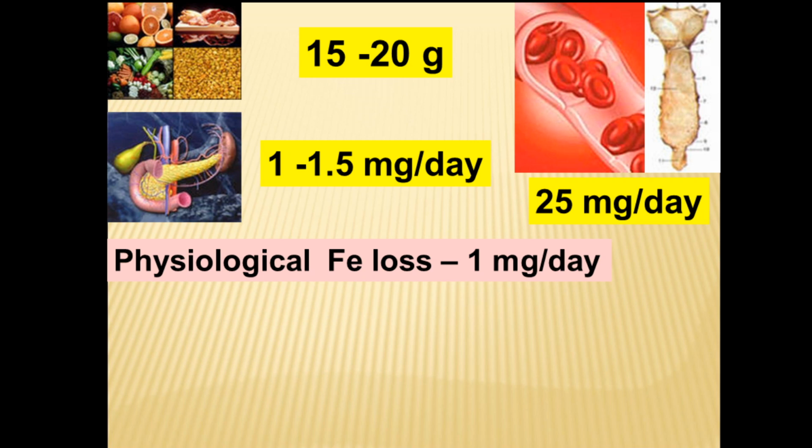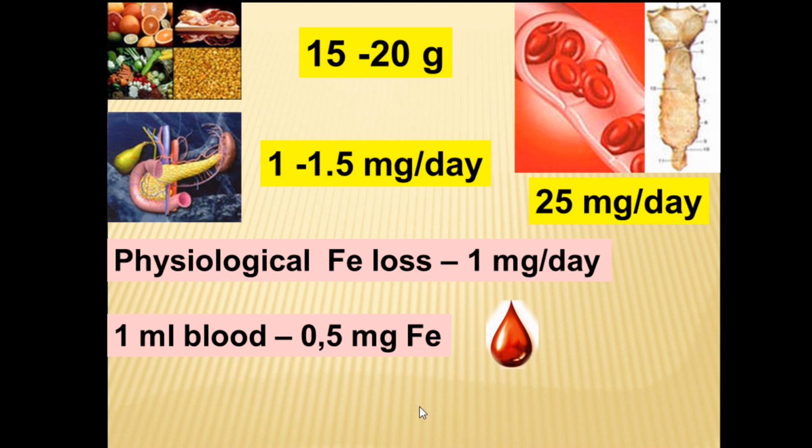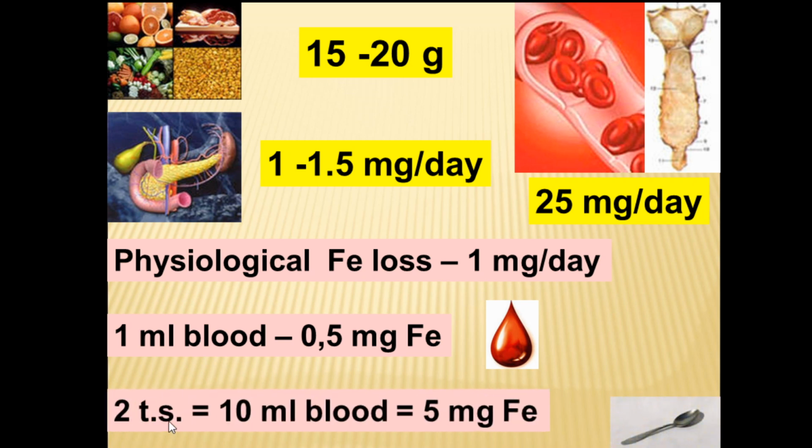Physiologically, every day we lose nearly 1 milligram of iron with pieces of superficial epithelium. And let's see, if we lose 1 milliliter of blood, which is some drop of blood, we lose 0.5 milligram of iron. If we lose nearly 2 teaspoons of blood every day, which is approximately 10 milliliters, we lose 5 milligrams of iron.